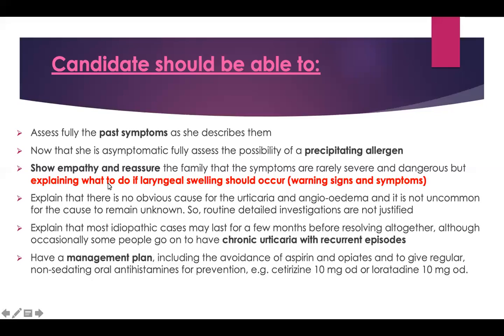Reassure the family that the symptoms are rarely severe and dangerous, but explain what to do if laryngeal swelling should occur, if she develops any stridor, any whistling of her chest or her throat, okay? You must educate them about warning signs and symptoms and what to do if they develop. They need to come to the hospital urgently, okay?